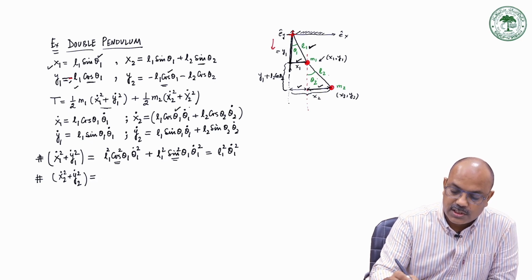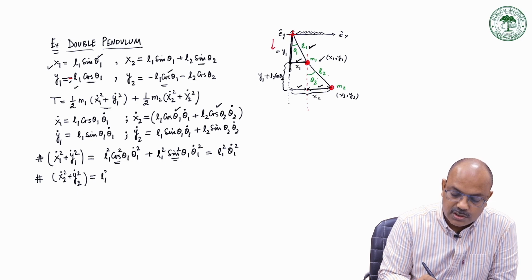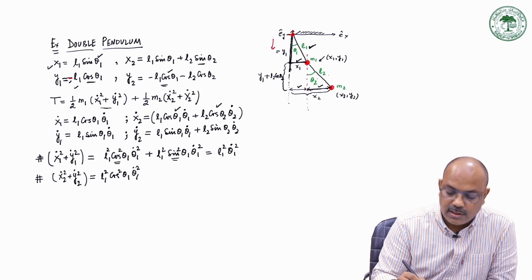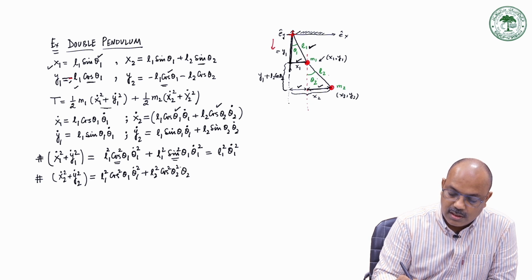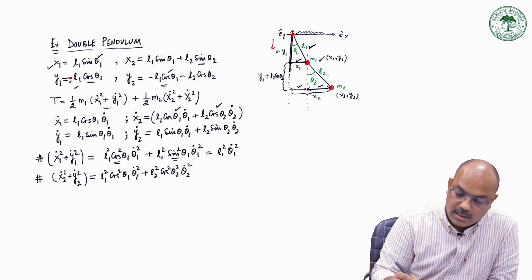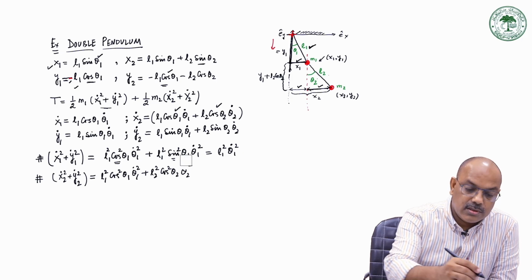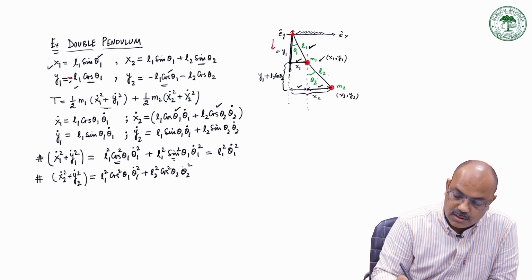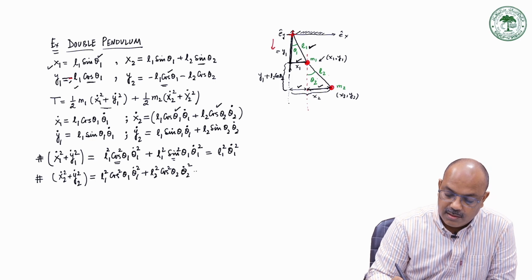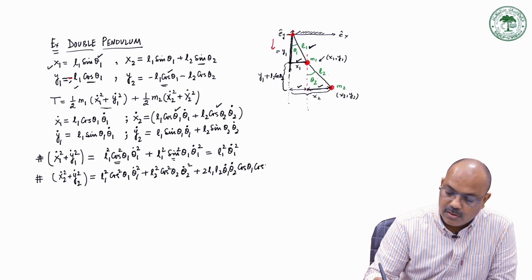This is L1 square cos square theta 1 dot square, and then plus L2 square cos square theta 2 dot square, and plus twice L1 L2 theta 1 dot theta 2 dot cos theta 1 cos theta 2.